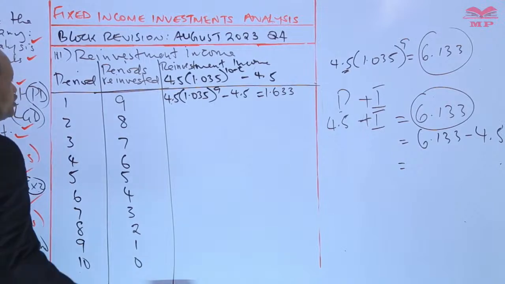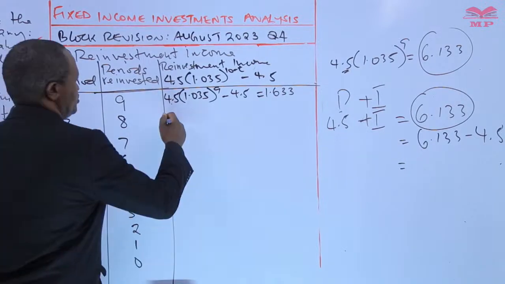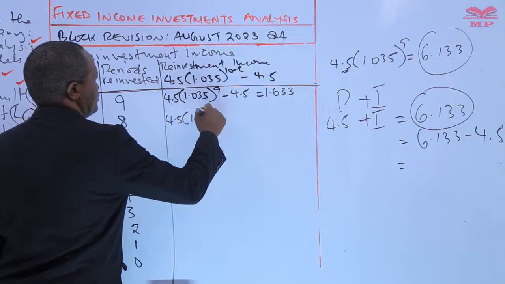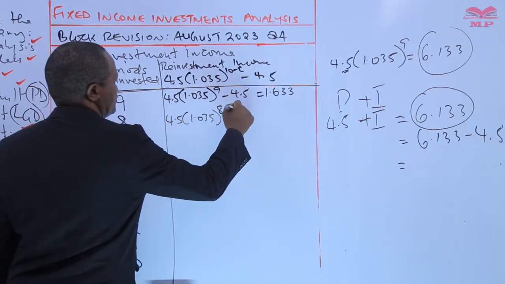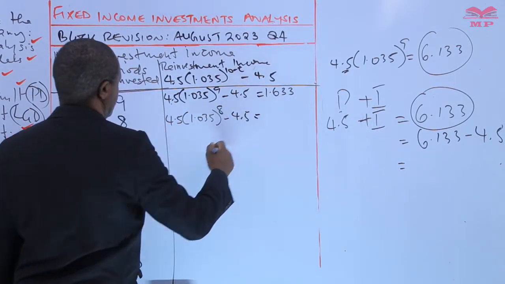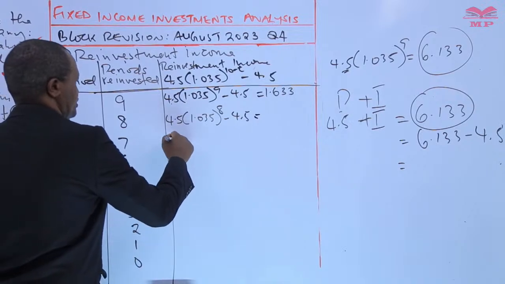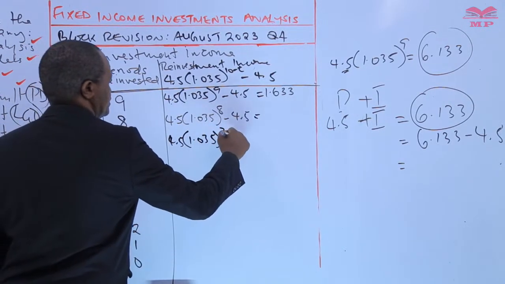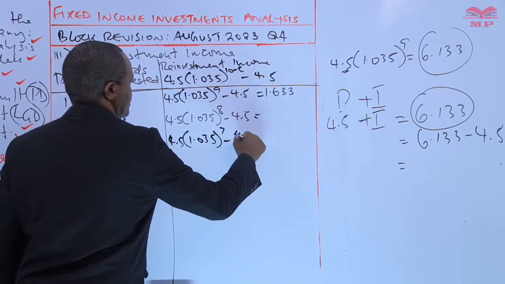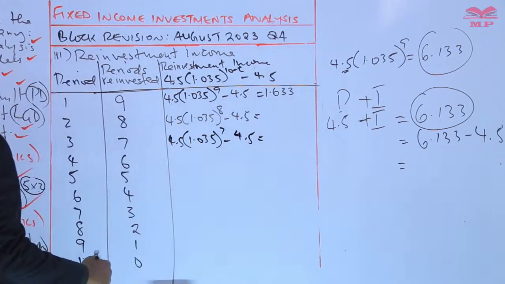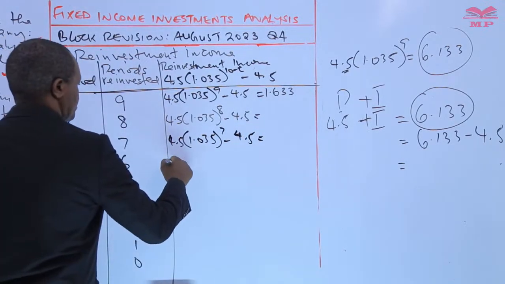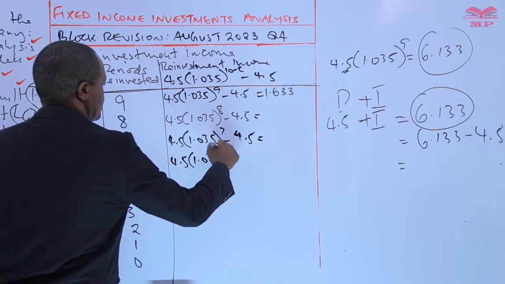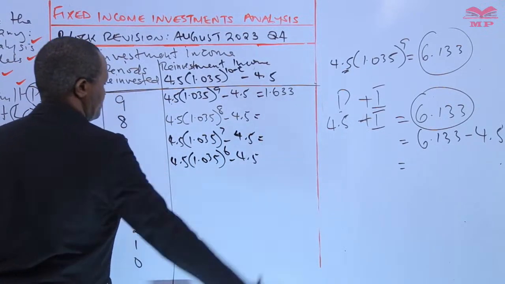We'll use the same approach. Period 2 will have 4.5 into 1.035 raised to 8 minus 4.5. The other one will have 4.5 into 1.035 raised to 7 minus 4.5. Period 6 will have 4.5 into 1.035 raised to 6 minus 4.5.